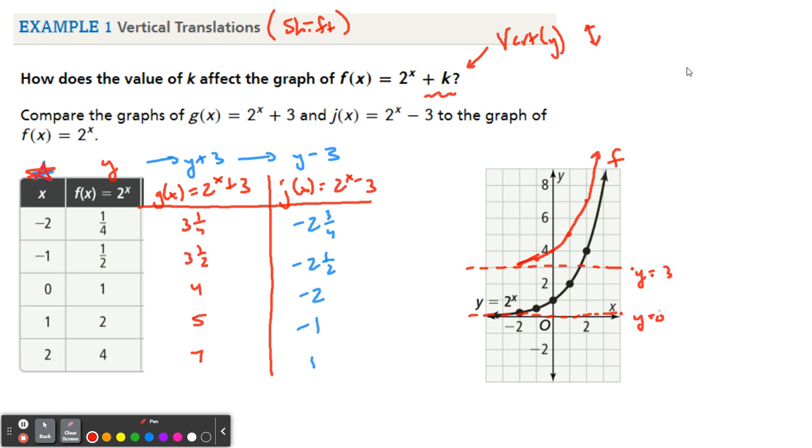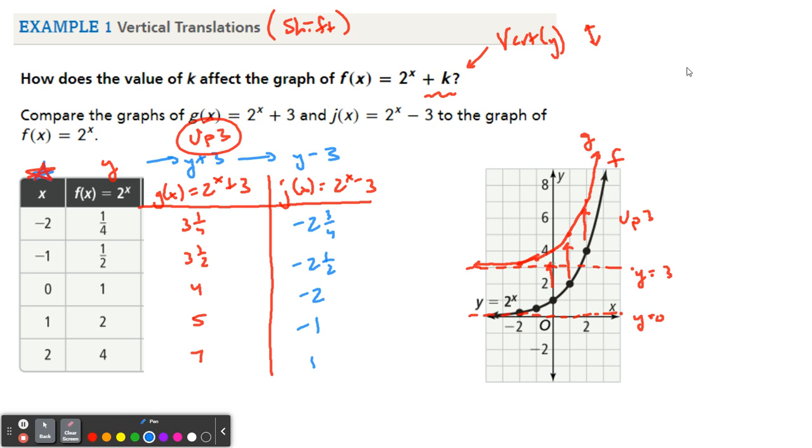Remember, you're approaching 0 but never can be 0. So same thing, we shift up 3. This graph goes as close as it can but cannot touch. And there's g. You can see that everything went up 3 units. So that is what happens with this plus 3 at the end. You move up 3.